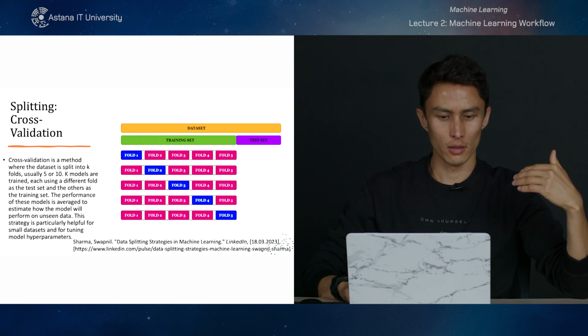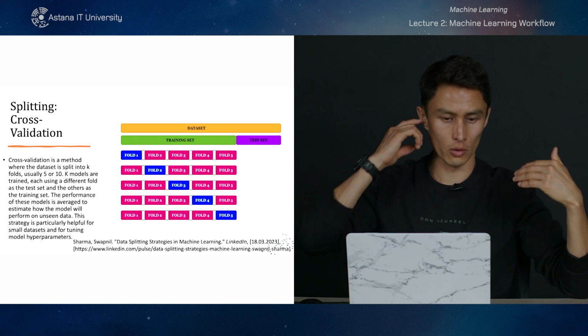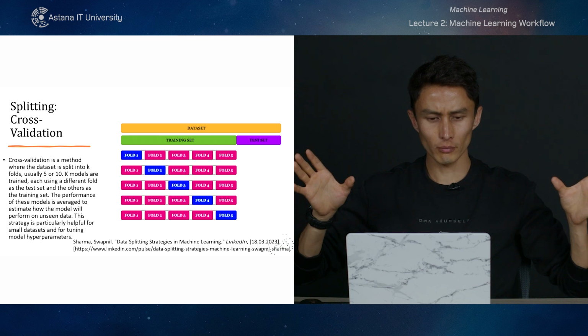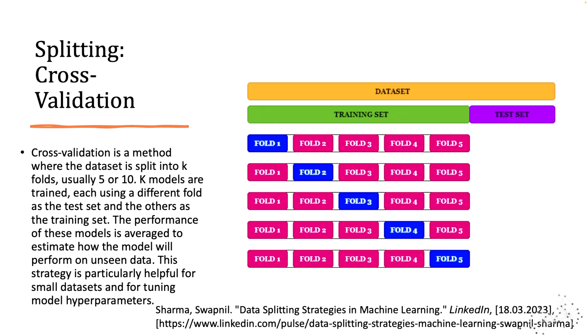This data set is split into k folds, k groups of this data, and each time during training we choose one fold for testing and the others for training.